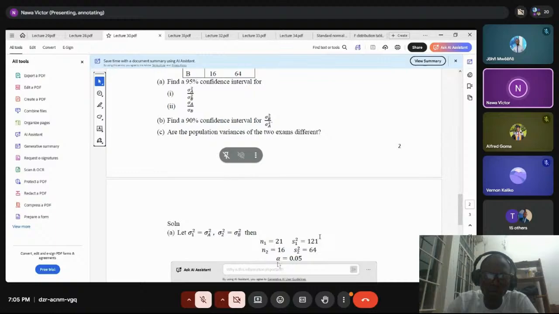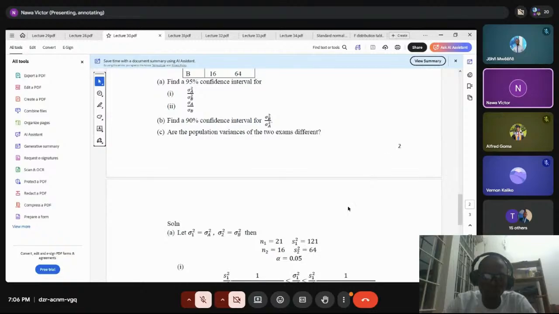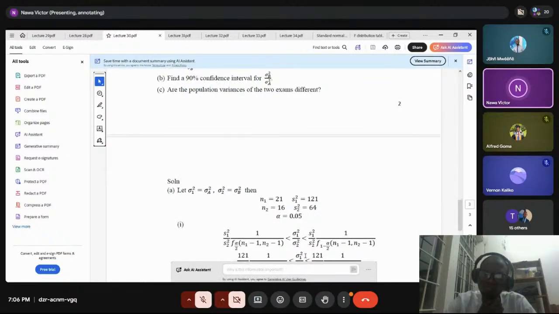The corresponding sample variance is 121. For section B, which we are calling 2, the sample size is 16 and the sample variance is 64. And then we want a 95% confidence interval, so alpha is 0.05.